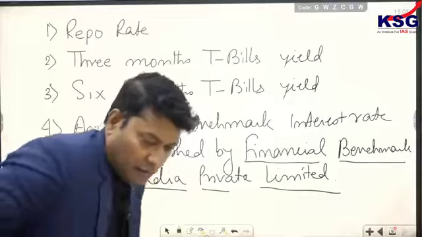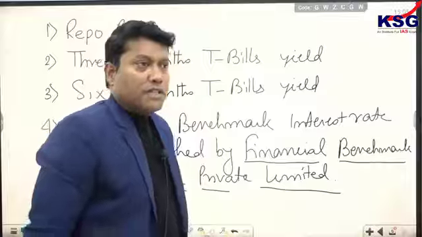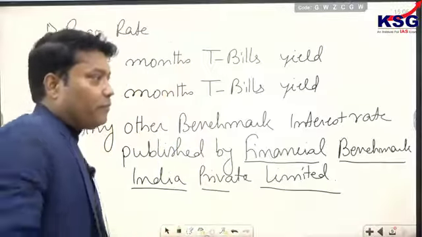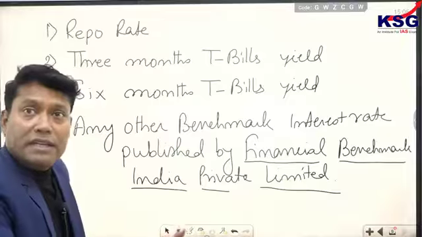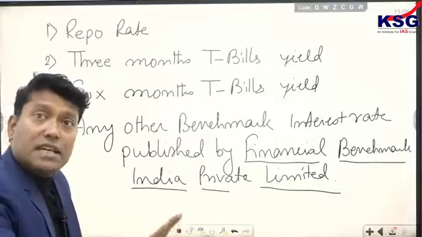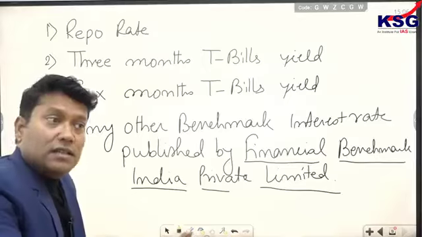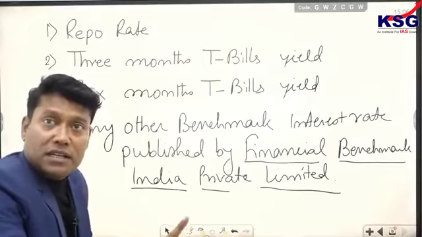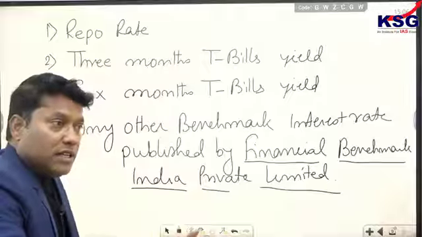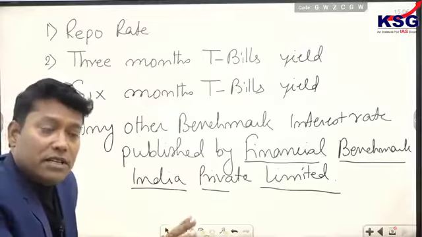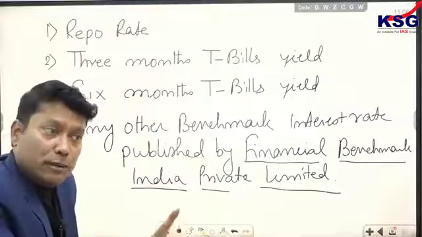Clear? Now get this thing, why are you saying at least in 3 months? Because you remember in MPC, in the Monetary Policy Committee, you have already written that MPC has to meet once in 3 months, that is at least 4 times in a year, which means every quarter you have to meet.